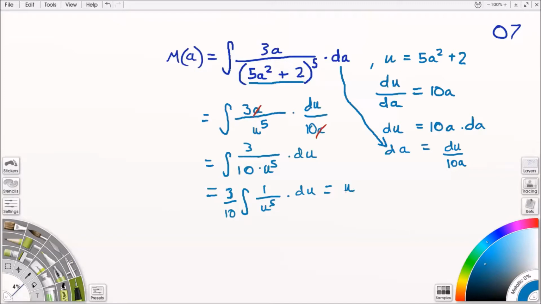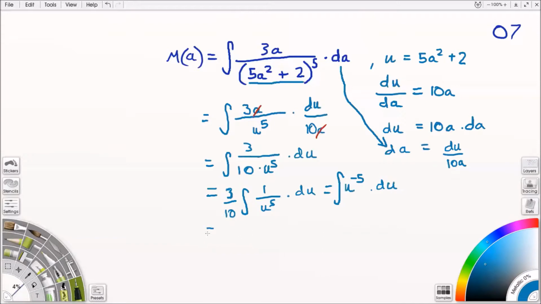It's just an algebraic rule that we can do this. If we get rid of this fraction here, we just need to make this exponent negative, du. And now this is just the power rule, the reverse power rule when it comes to integration.